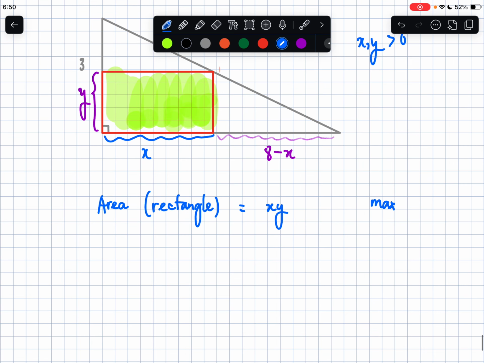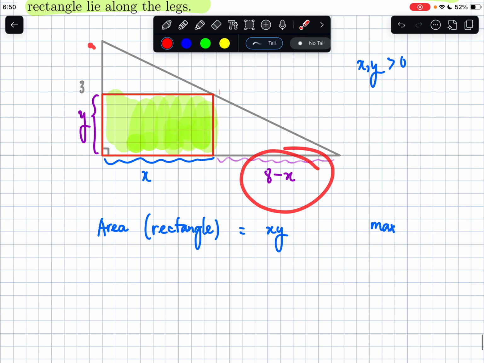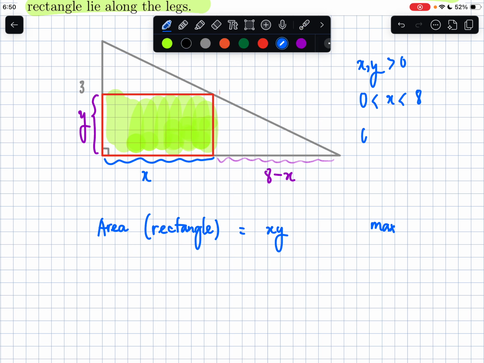And you see that y is on this length, so y is less than 3, and x is on this length, so x is less than 8. So 0 less than x less than 8, and 0 less than y less than 3. So we know these two conditions.